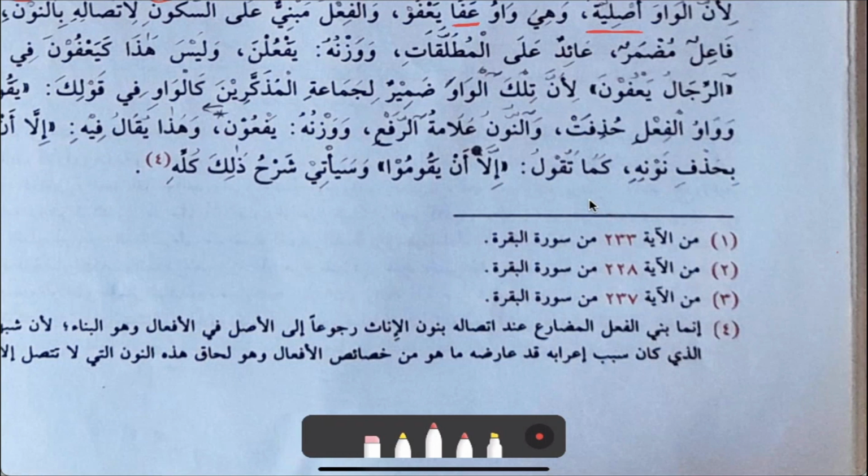So what's going to happen to you here? If you're just trying to figure out what's going on in the Arabic, you don't know your pronouns yet like that, and then you saw it says illa an yafun, you might say, what's going on there?